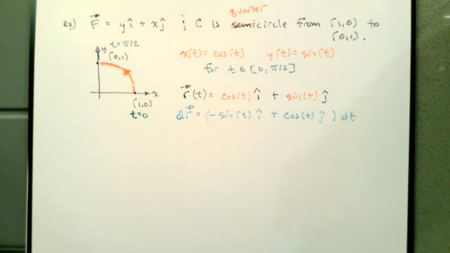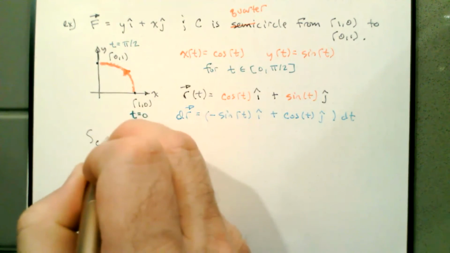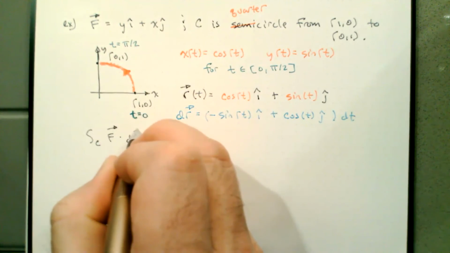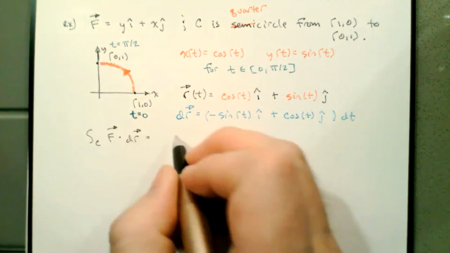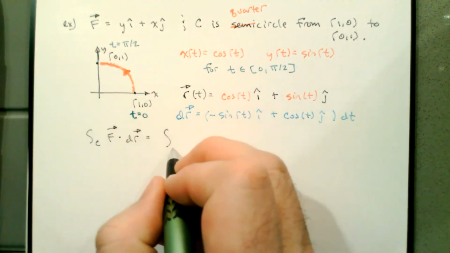Now we can set up our line integral. The integral along C of the vector field F dot dr is now the integral as t goes from 0 to pi over 2.